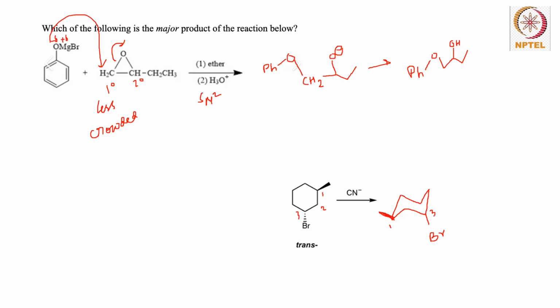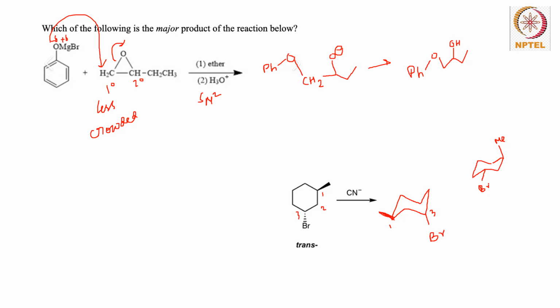Another form is possible, which will be like this one, when this methyl is axial above and bromine is below, equatorial. But we all know that any alkyl group on the equatorial position is always more stable because it does not go through a syn-axial interaction.